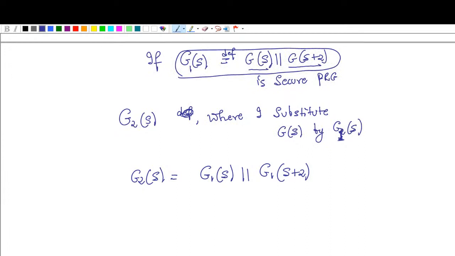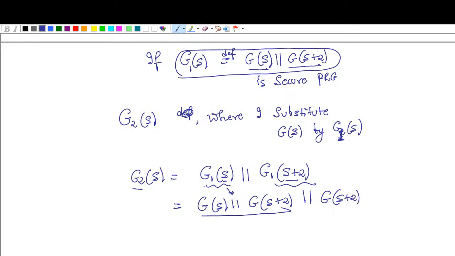What I am trying to show here is that this is not a secure way, because if this is a secure way, then I can run the same procedure and construct another PRG G2 where I run the same process of running the PRG 2 times with the second instance seed being incremented by 2 on G1 itself. And this G2 will be nothing but G of S concatenated with G of S plus 2, and this second output will be G of S plus 2 concatenated with G of S plus 4.